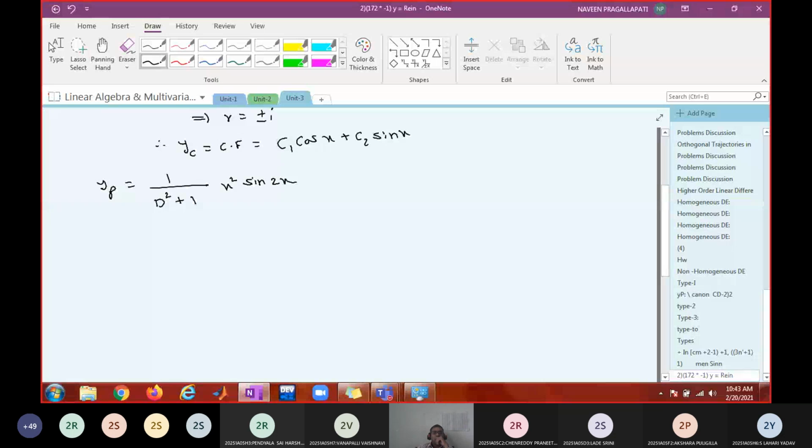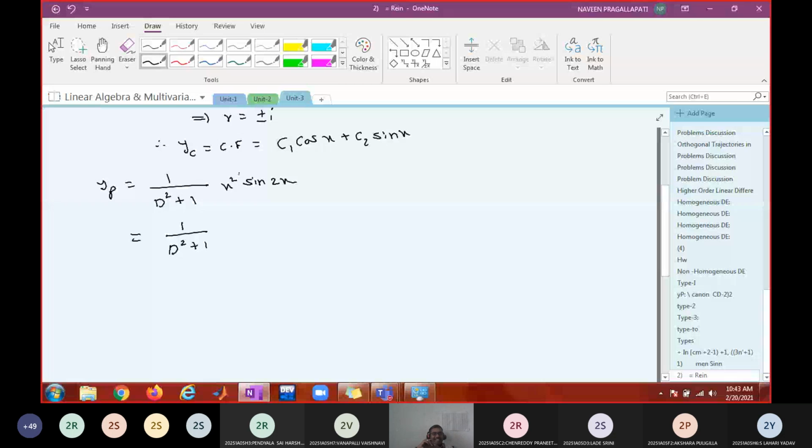You have the formula for x into v of x. You don't have the formula for x into x square into v of x. So how can we write this? A polynomial is multiplied with a trigonometric function. No, you cannot directly apply.